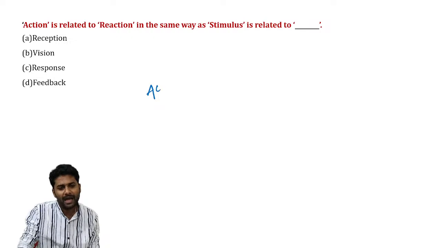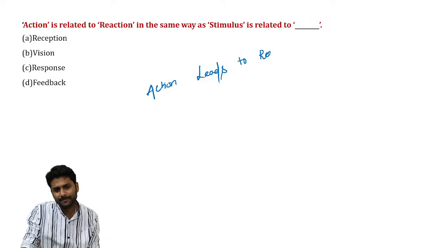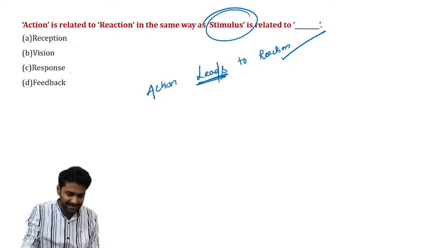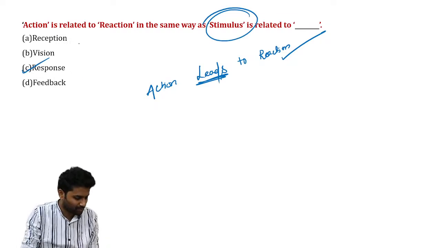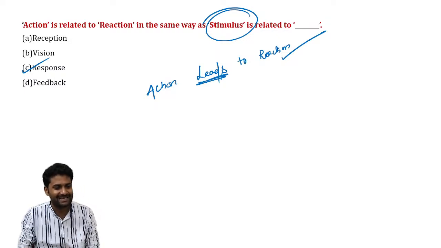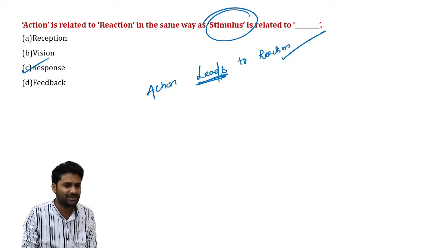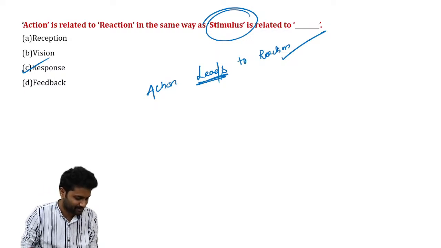Now see, action leads to the reaction. So action leads to the reaction, in the same way stimulus leads to the response. It's not reception, it's a response. Action leads to reaction, in the same way stimulus is related to the response only.